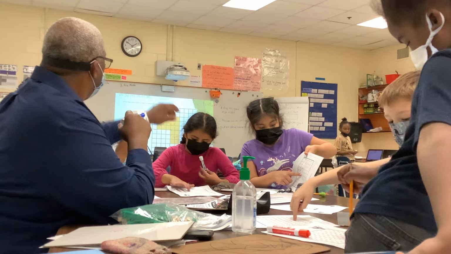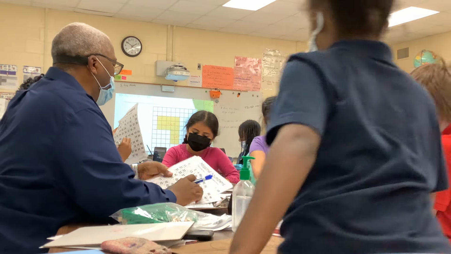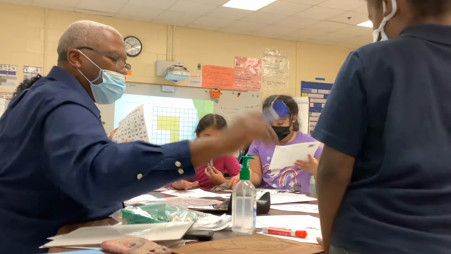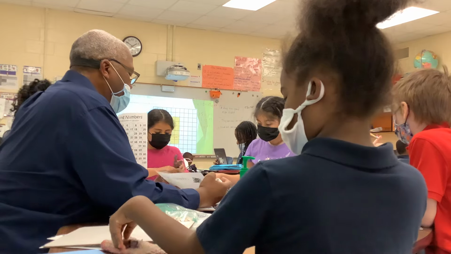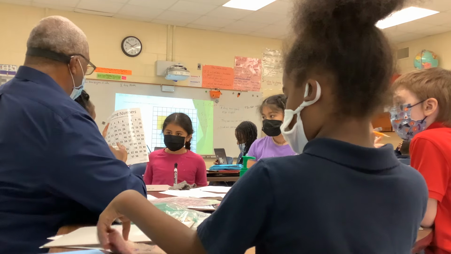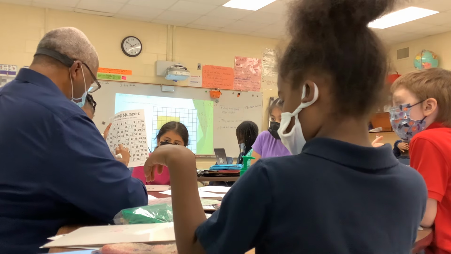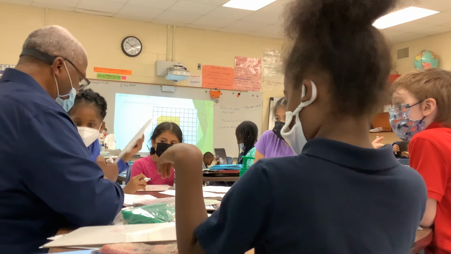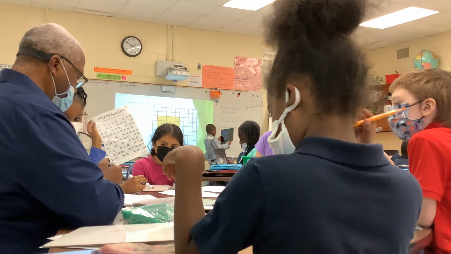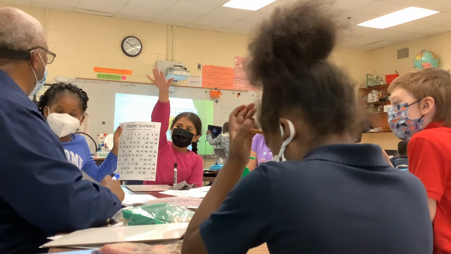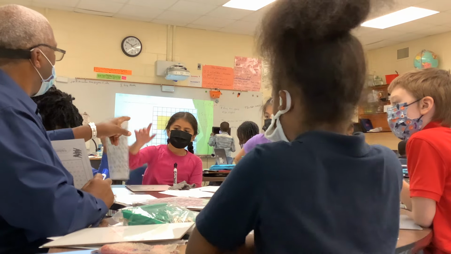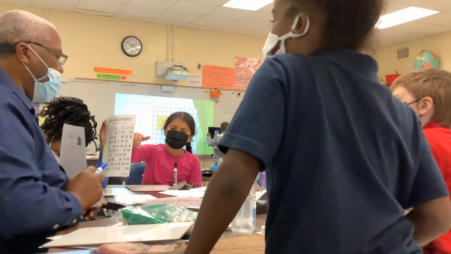Now, let me show you something. All right, Natalie. What do you notice about this pattern? I have 1, then I have 11, 21, 31, 41. Every row starts with 1.